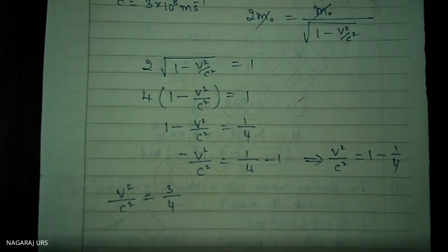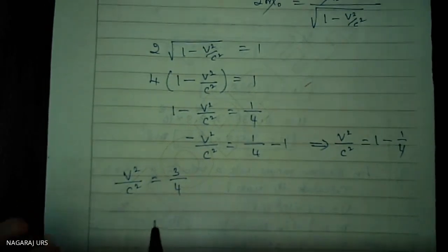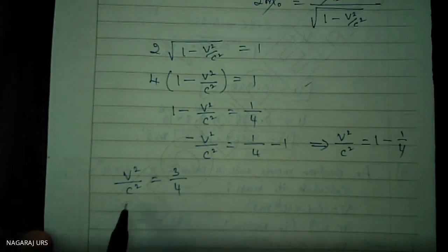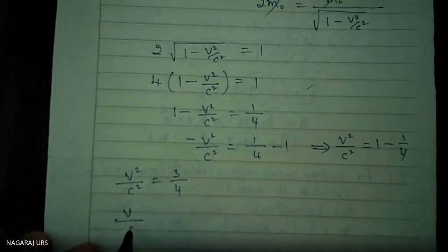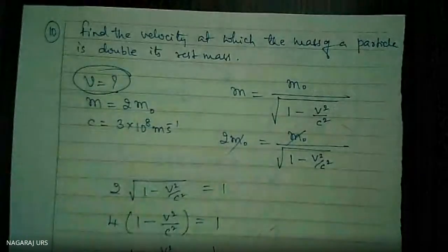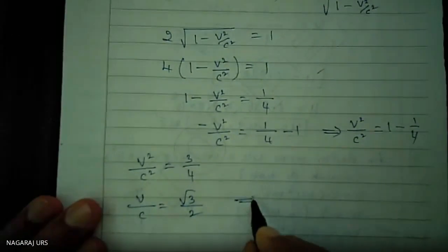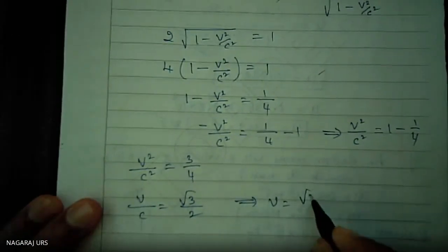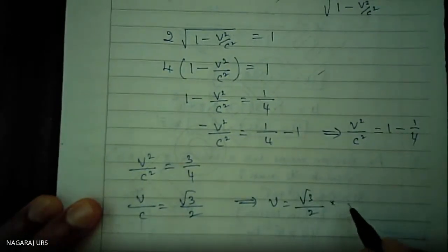Correct? Therefore, v by c is equal to how much? Root 3 divided by 2. I am supposed to calculate v. So v is equal to root 3 divided by 2 times c.